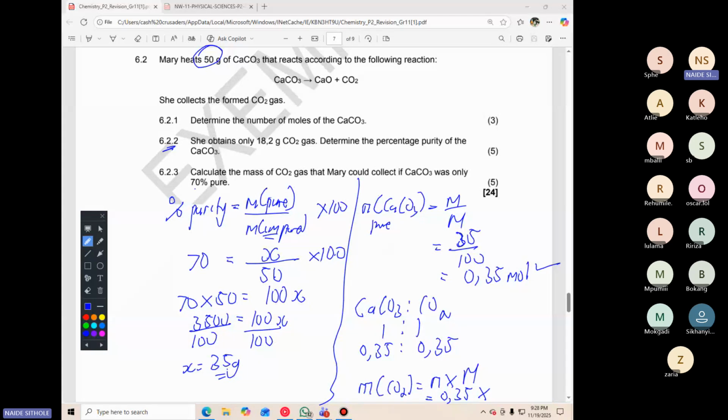So when we say we are doing in reverse, that means where we divided, now we multiply. Where we multiplied, now we divide. Then this is 44. 0.35 multiplied by 44, 15 comma. So the mass will be 15.4 gram. So that's what we call a reverse calculation.